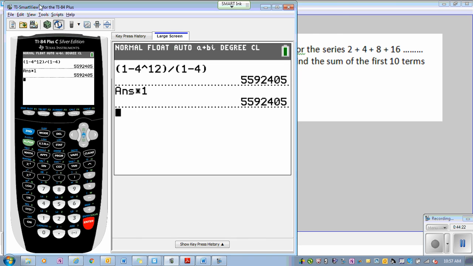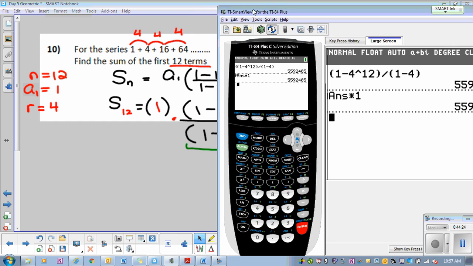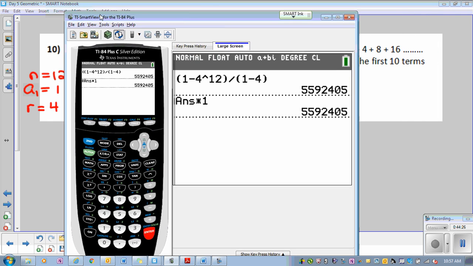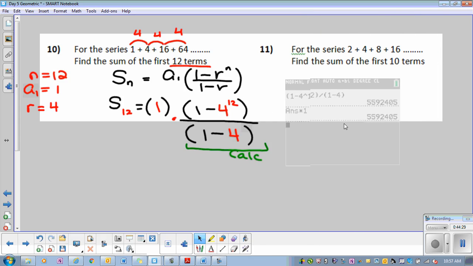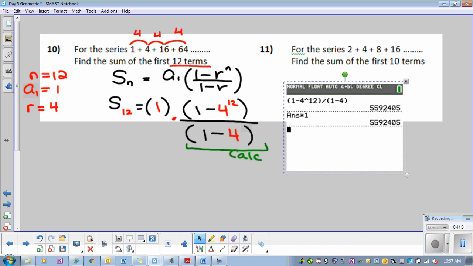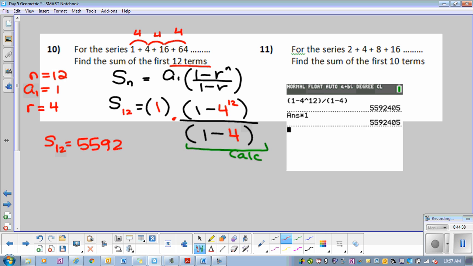Yeah? Look at it like that. Does that make sense? I put in this top divided by that bottom, and then just multiply by a sub 1.